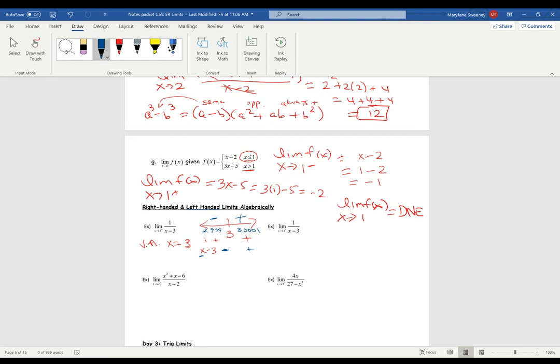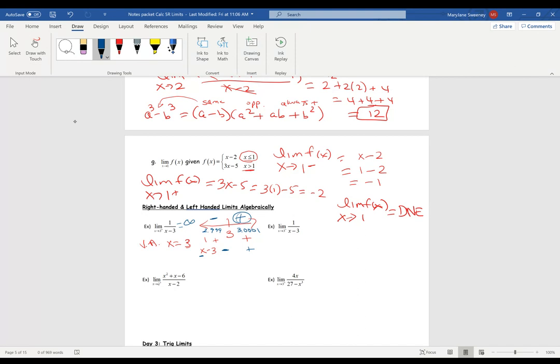So as I approach 3 from the right, we're going to positive infinity. From the left, it would be negative infinity.